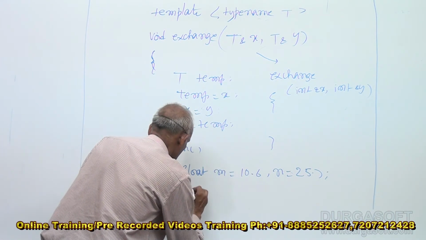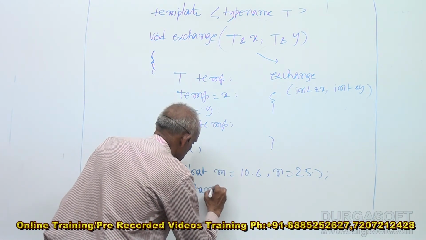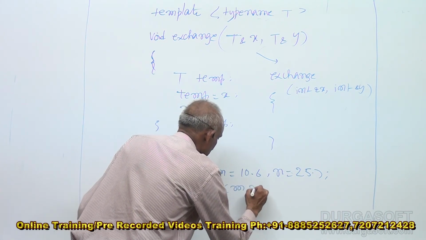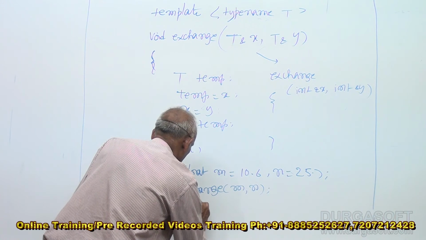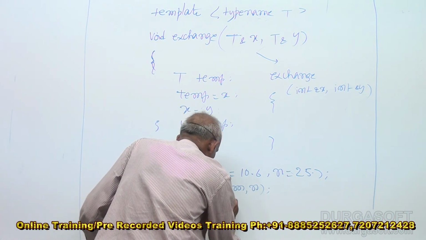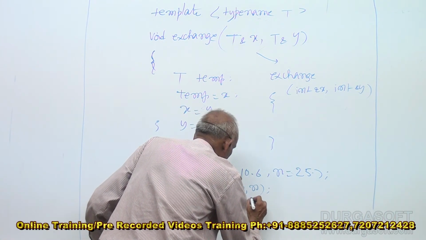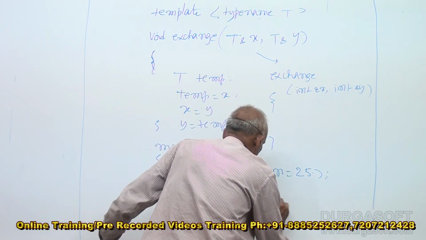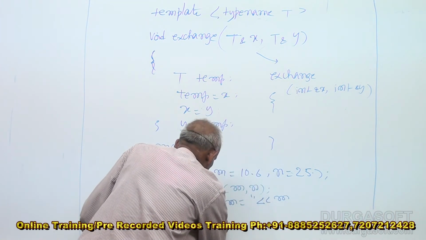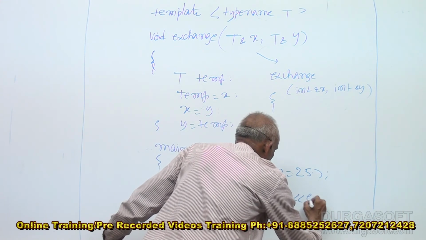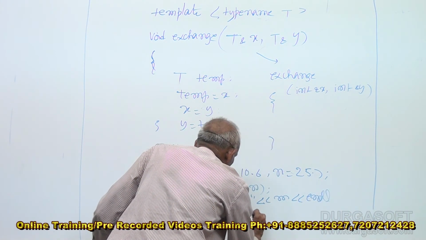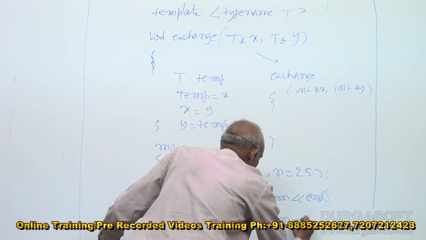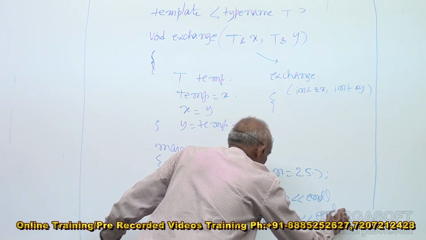Again exchange(m, n), their values are interchanged, then display cout m is equal to m endl, n is equal to n endl.